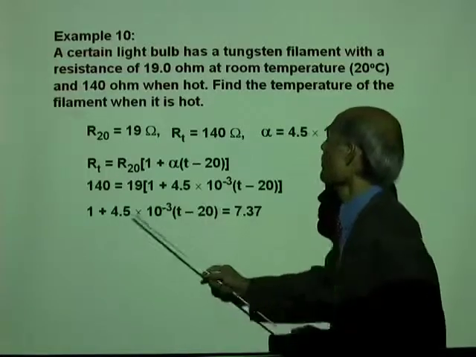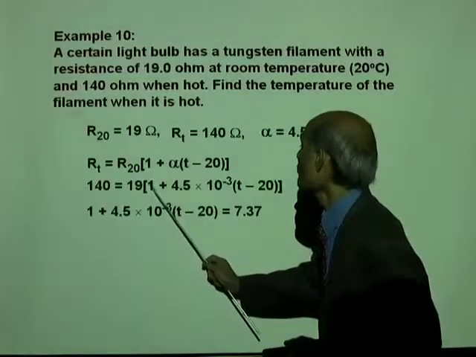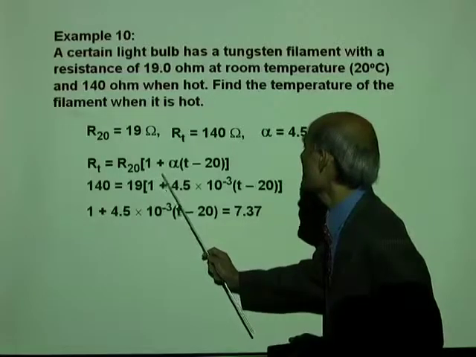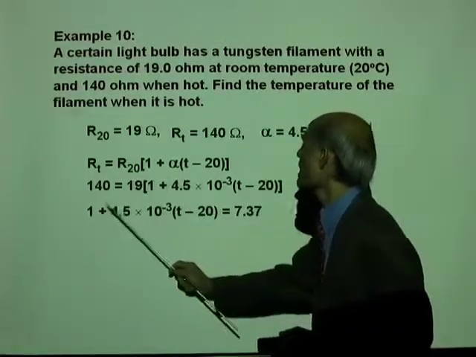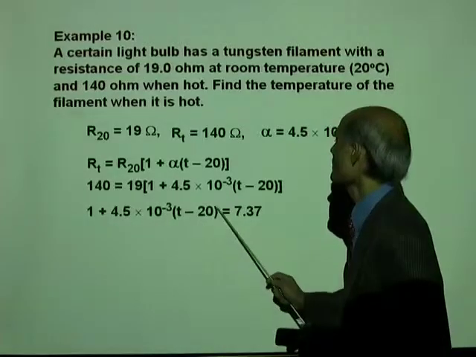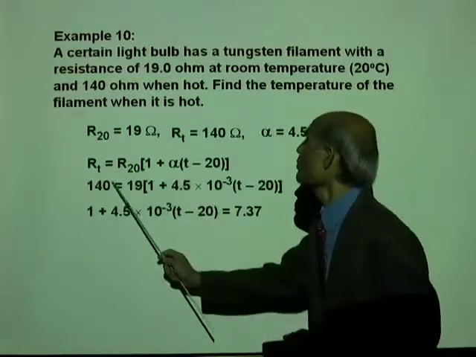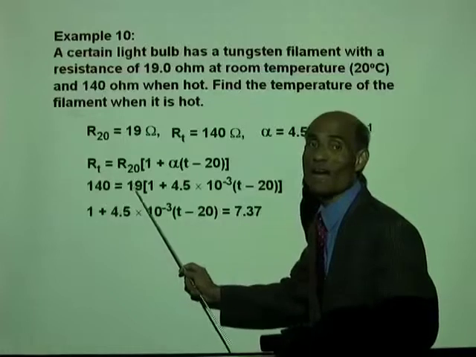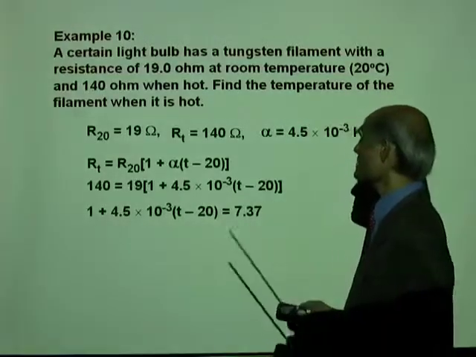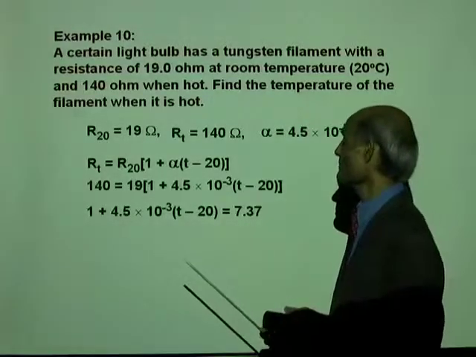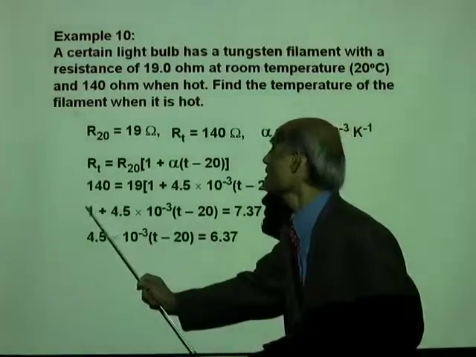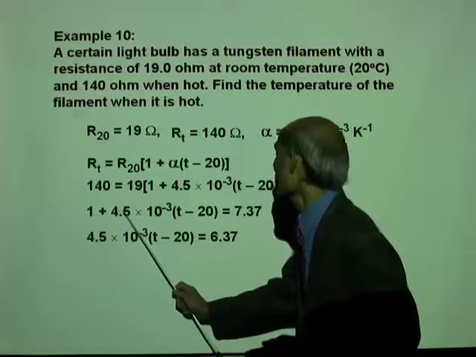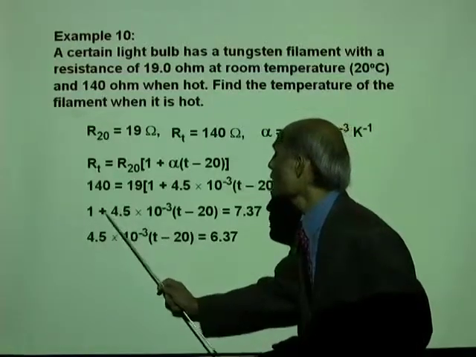I have 1 plus 4.5, look at what I have done here. I have taken this quantity inside the square bracket, equal to 140 divided by 19, that is 7.37. And now 1 plus 4.5 times this quantity.